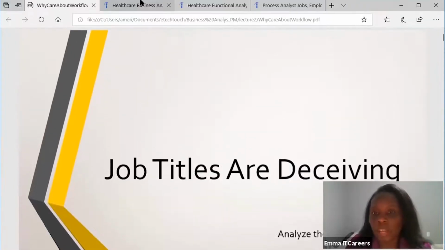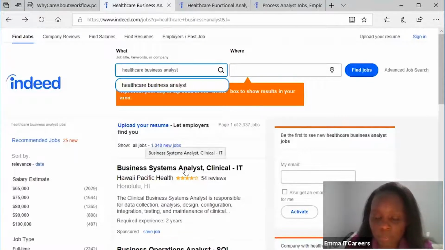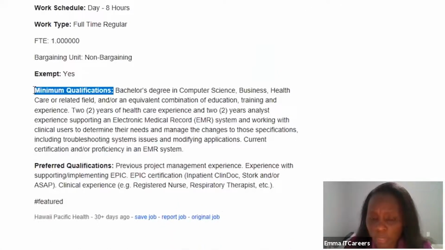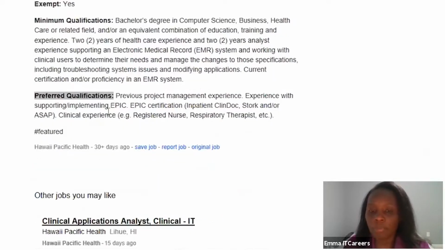I'll take the example. I just pulled up a generic business analyst, so I'll pick an example of this position over here. One of the things you always want to look for is the minimum qualifications and the preferred qualifications. Why? Because minimum is what they would like to have as a minimum for that position. The preferred is what they would take if you don't have the minimum qualification.